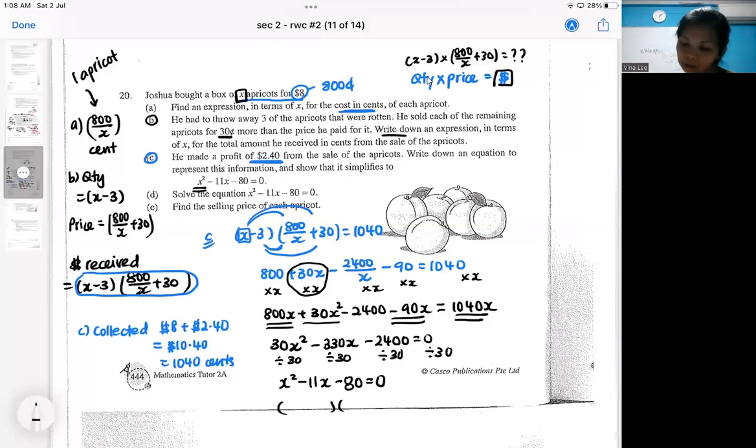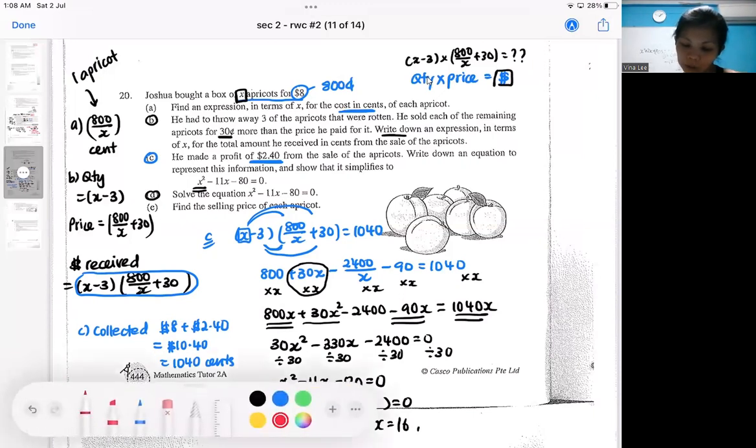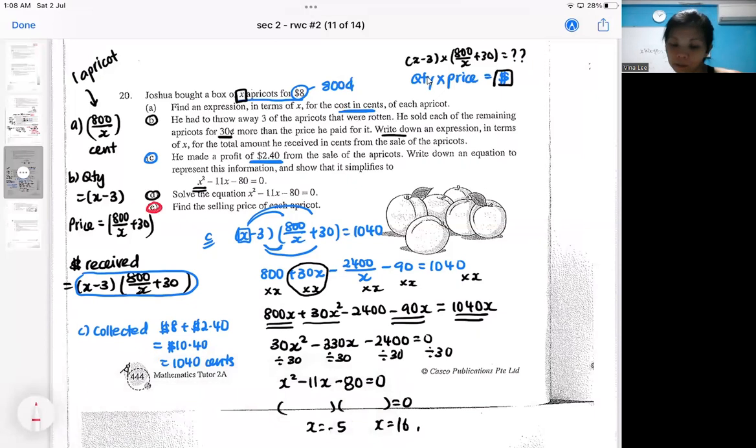Again, you solve for x. When you solve for x, you have to use the relevant x. In this case, I think you will get x equals minus 5 and 16. Which one will you be using to find the selling price? x is the quantity of apricots, so very simply you just have to mention that since x has to be positive, I should be using 16 to find the selling price.